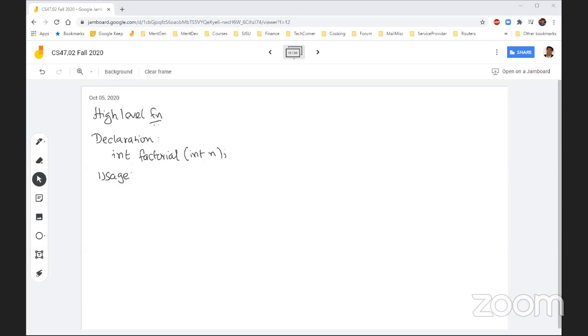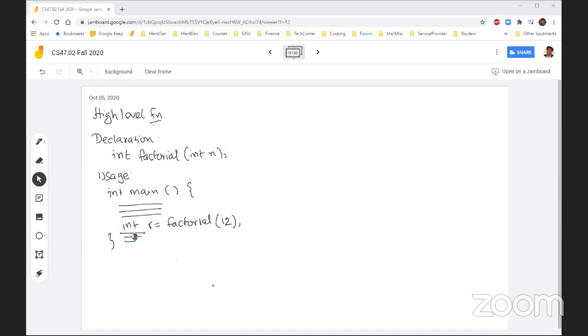So we have the declaration, and usage, maybe inside the main program. You have code, and then a call, let's say int r = factorial(12), and some code.